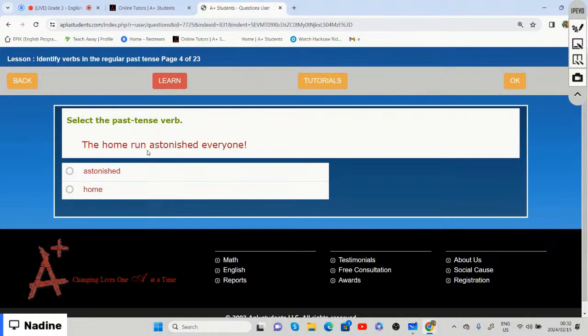The home run astonished everyone. Is it astonished or is it home? So the home run astonished everyone is our regular past tense.